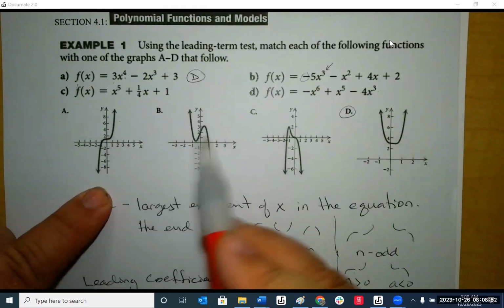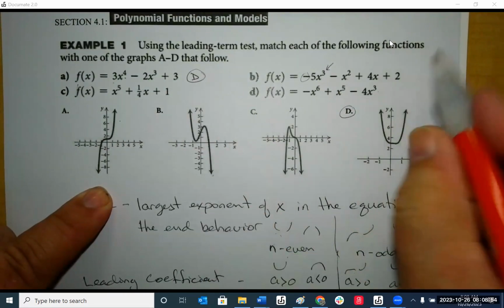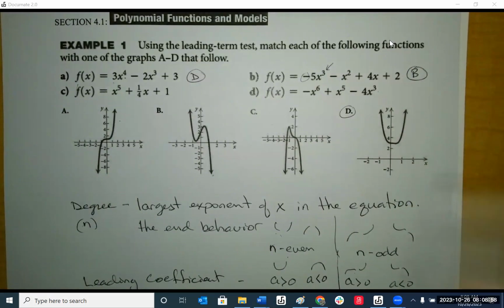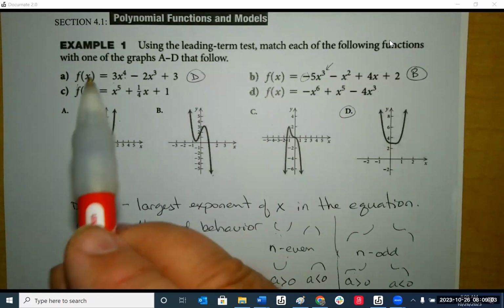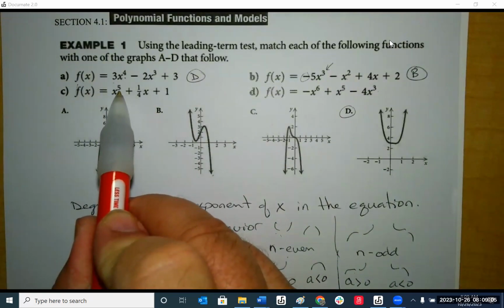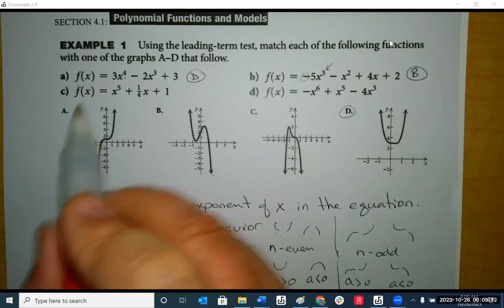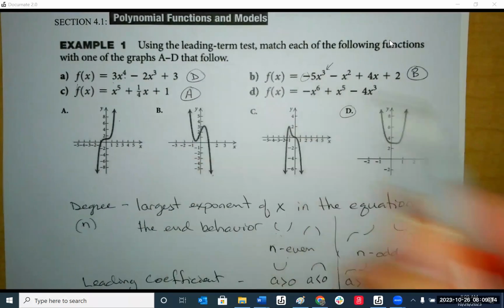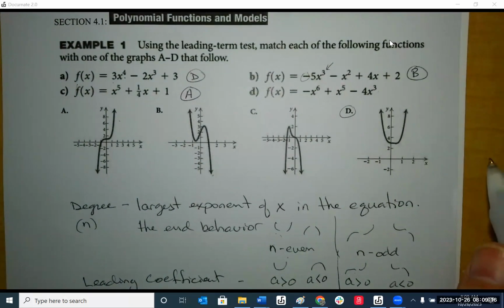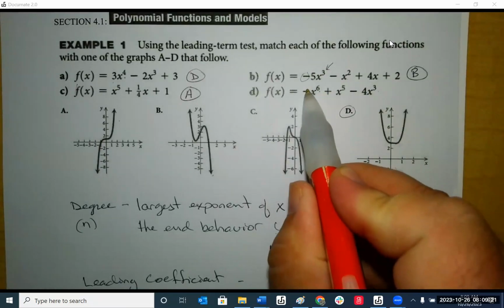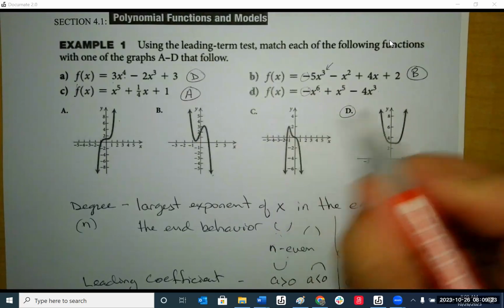So opposite directions, the right-hand side goes down, so it's B. And C. The degree is 5, opposite directions, and the coefficient is positive 1, it's greater than 0, so it's A. Degree is 6. They both go the same direction. They both go down, so this one is C.